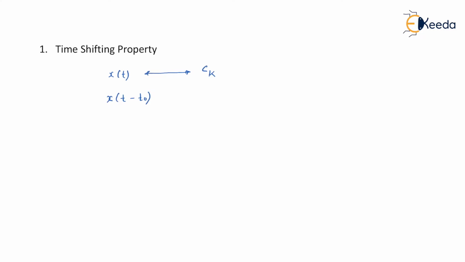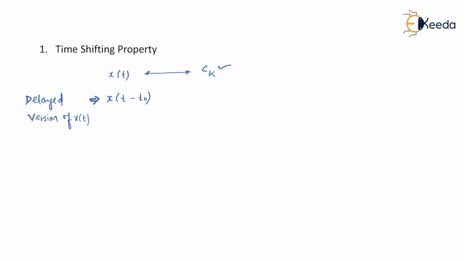How do we get x of t minus t naught from x of t? Of course, by delaying by amount t naught. So this is a delayed version of x of t, and by how much amount? Of course, by t naught.